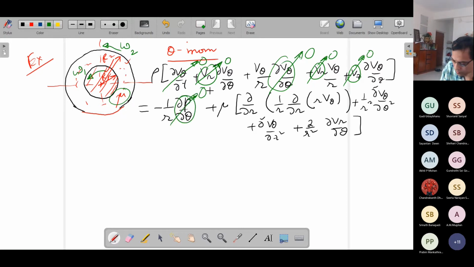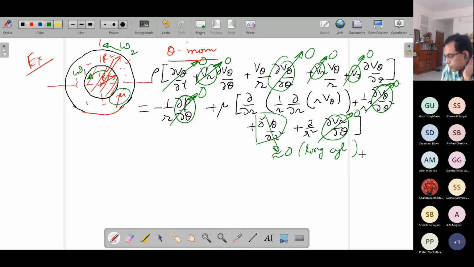Because of theta symmetry, this term is 0. Theta symmetry will make this 0, and this will be 0 because of the long cylinder. Approximately 0, not equal to 0. So any derivative along the axial direction is small, the second derivative is also small.